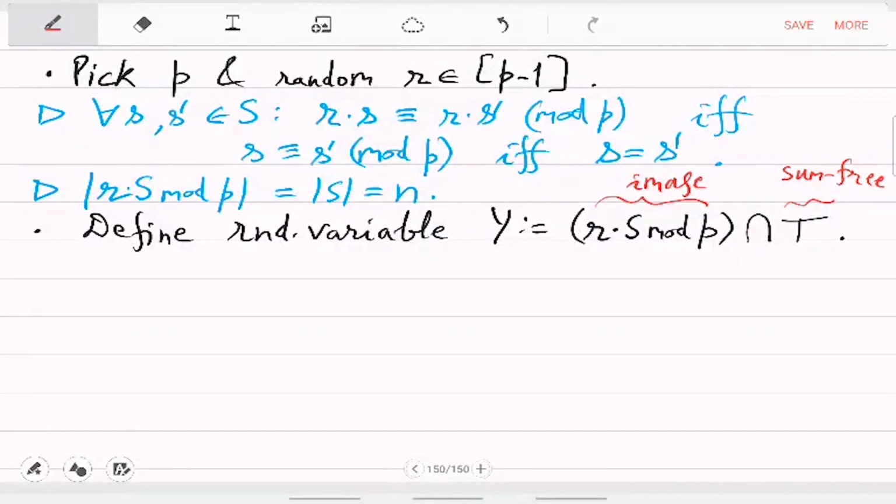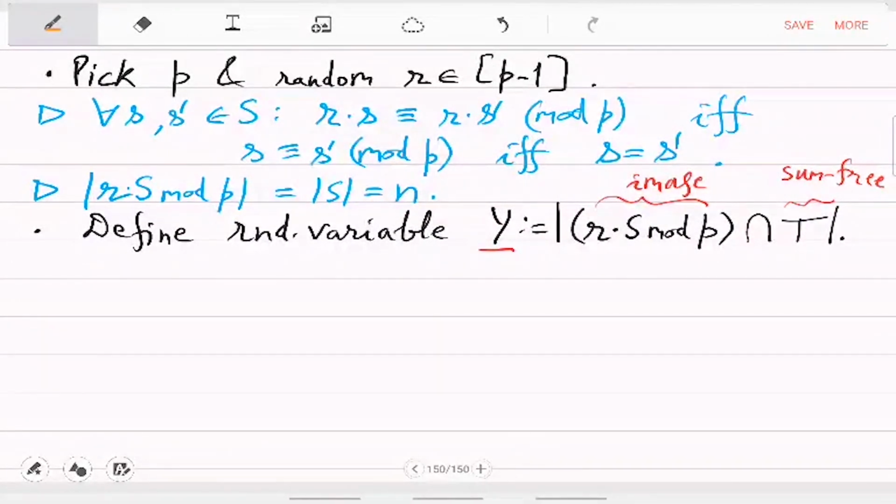So in other words, Y is counting a sum free subset. We actually have to take the size of this. So what is the sum free subset that this process is giving you? That is what we are interested in, and let us do that next.